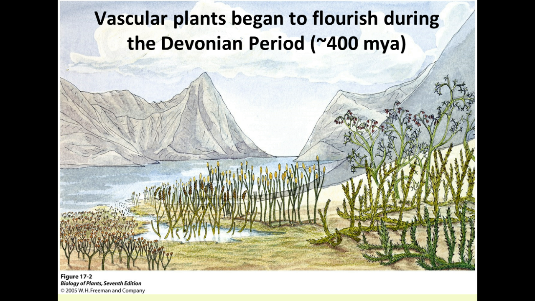Okay, so let's talk about when they dominated. They dominated during the Devonian period. So this is what the plants used to look like. Could you imagine walking around in a place like that? I mean, I know people who have gardens like this. I have a bunch of botany friends, and they're like, yeah, look at my Devonian garden.